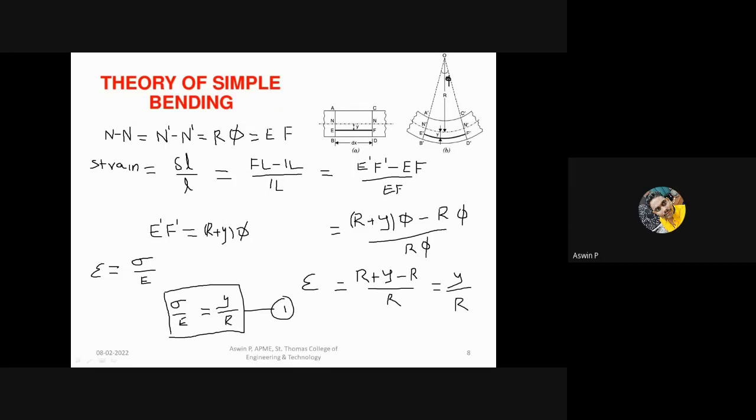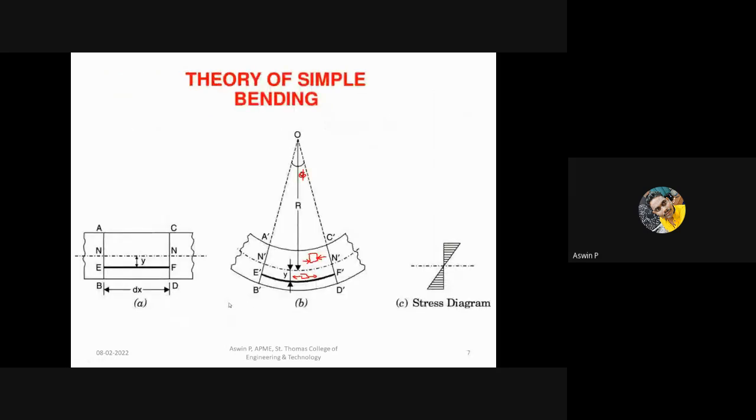No issue. So when you see that Young's modulus E is constant and R is constant, then stress is directly proportional to Y. That's why in the previous case, when Y increases, stress also increases on both sides. Y is the distance between the neutral axis and the element.